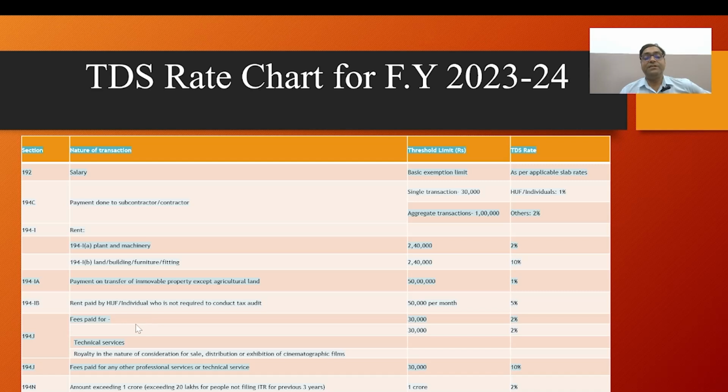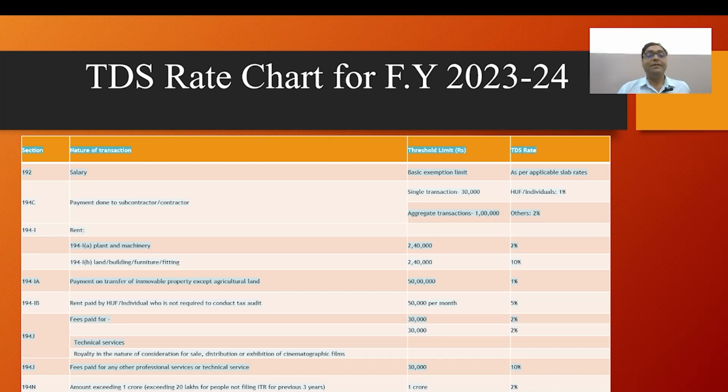Fees for technical service, royalty, construction, and professional services are also covered. I am just talking here about sections 192 to 194N.